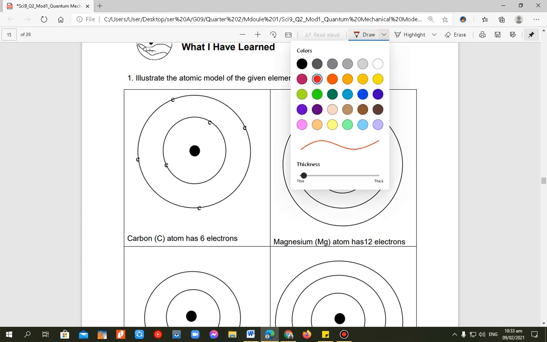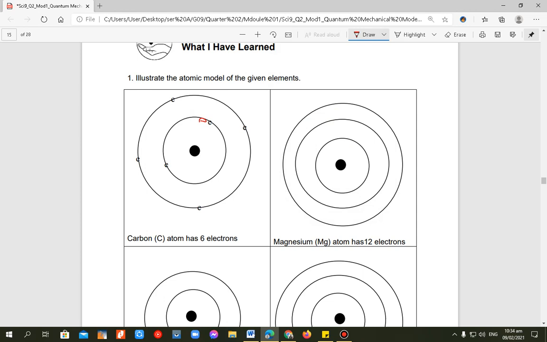Since the carbon has 6 electrons, so, sa first orbit po tayo, sabi ko po kanina, 2 lang yung kaya niyang i-hold. So, 1, 2. So, okay na tayo dyan. Wala na tayong ilalagay dito sa first orbital. So, 2 na. So, kailangan pa natin ng 4 to make it 6 electrons.